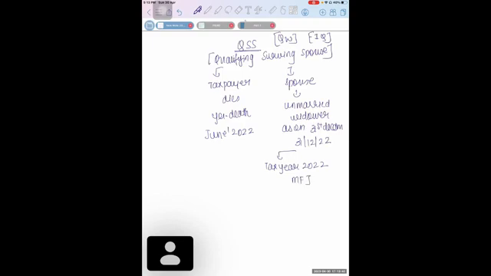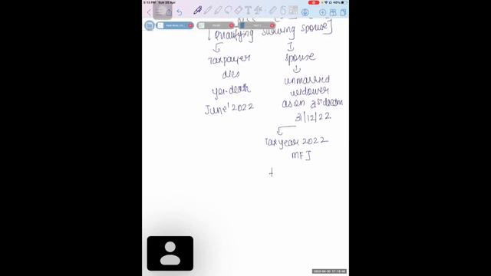Now the spouse has 2 more years, 2023 and 2024. If the spouse is still unmarried, not marrying some other person, then for these 2 years the spouse can file as a qualifying surviving spouse.